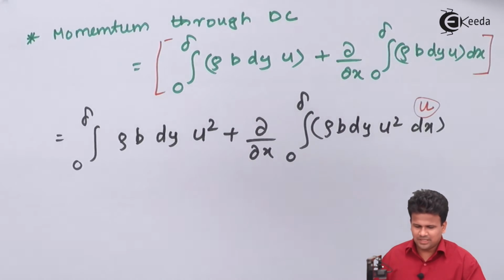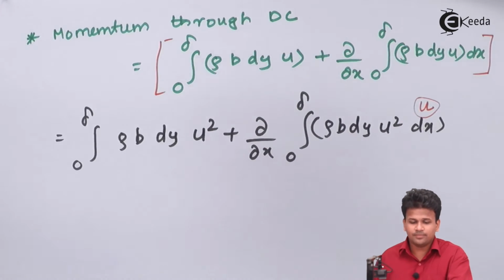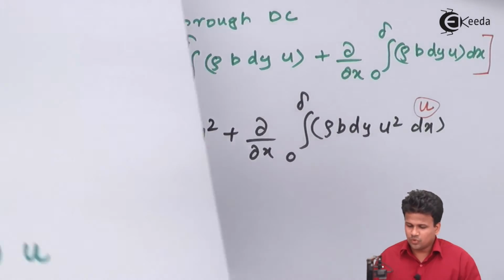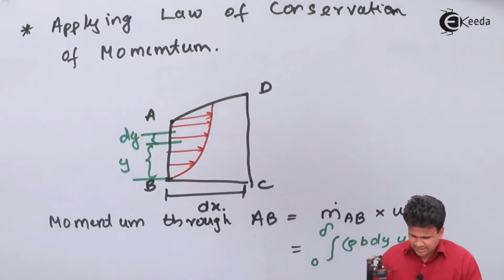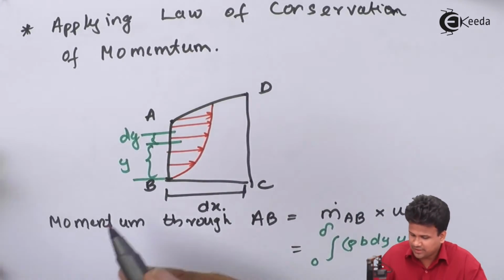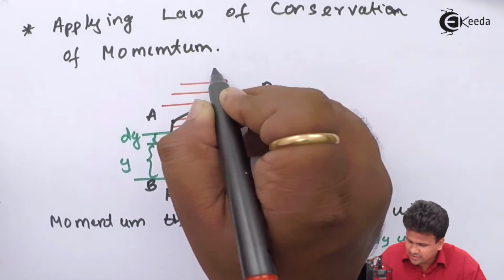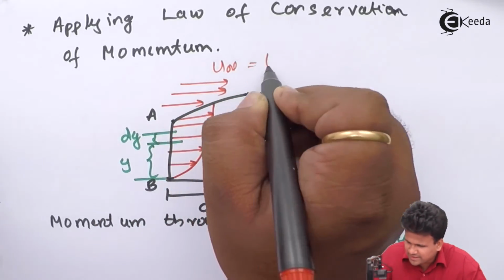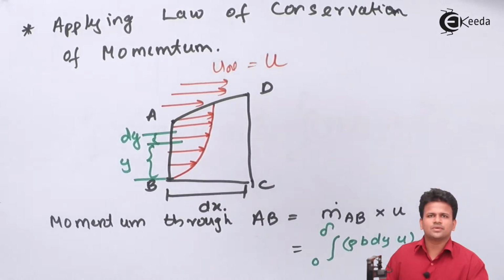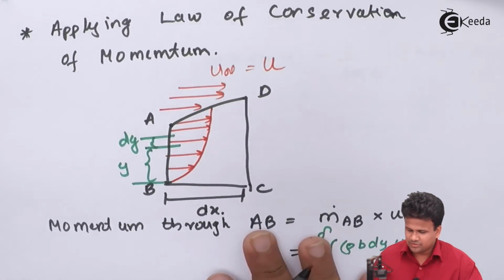Now let us see the last part, which is quite important over here, that is the momentum through AD. Since it is the topmost part of this entire thing, the velocity over here will be u infinity, or we can take that as U over here. So now let us write down the momentum.